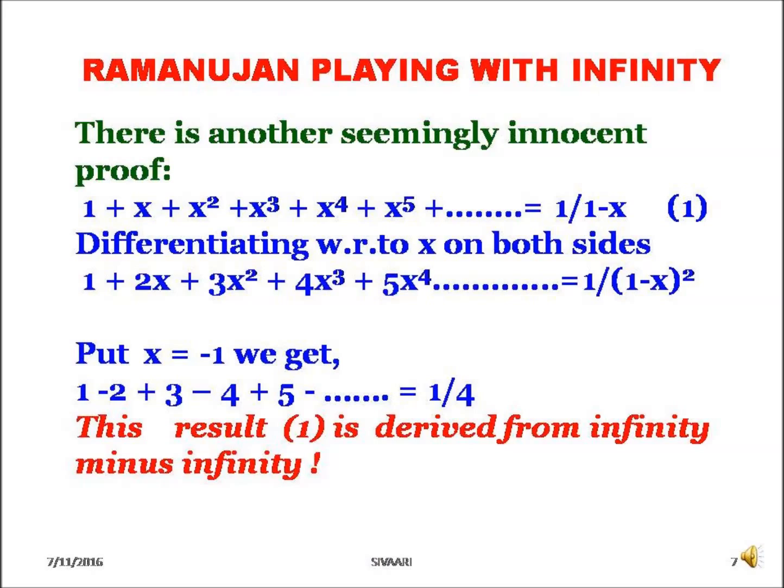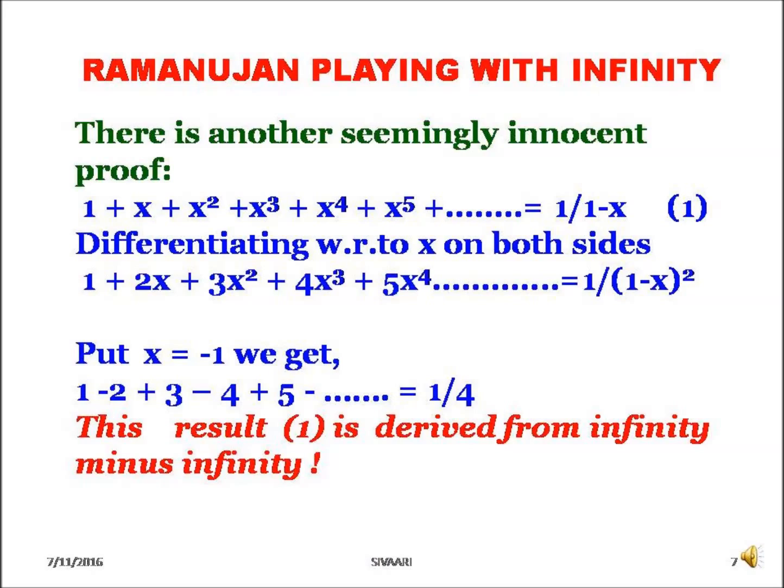There is another seemingly innocent proof. 1 plus x square plus x cube plus x raised to 4 etc. is equal to 1 by 1 minus x. Differentiating with respect to x on both sides, 1 plus 2x plus 3x square plus 4x cube plus 5x raised to 4 etc. is equal to 1 by 1 minus x square.